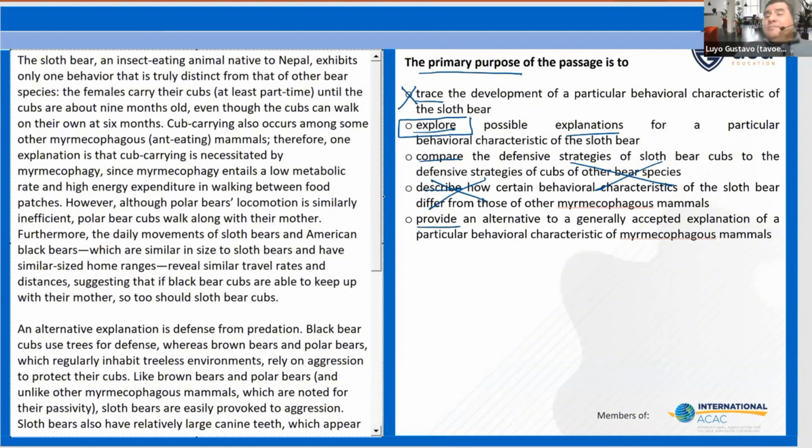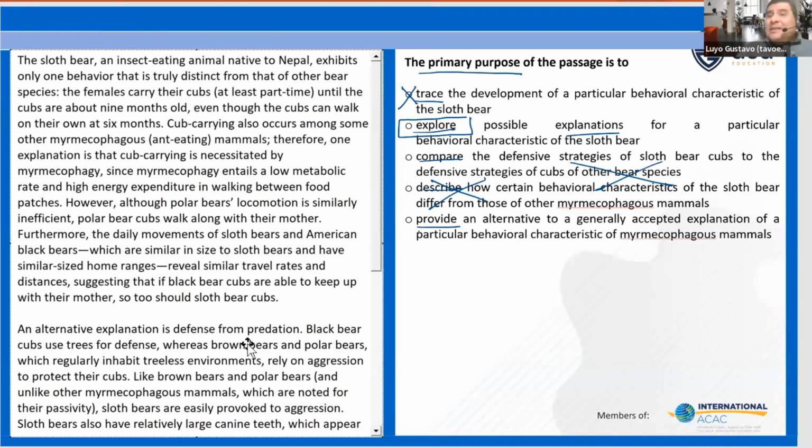Finally, the last one says provide an alternative to a generally accepted explanation of a particular behavioral characteristic. Well, the passage doesn't indicate whether either of the two explanations provided for the cub carrying of sloth bears has been generally accepted.